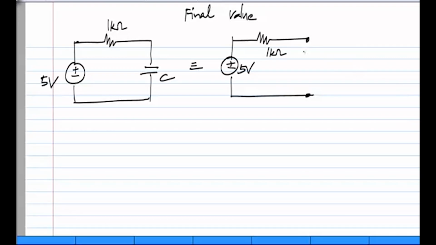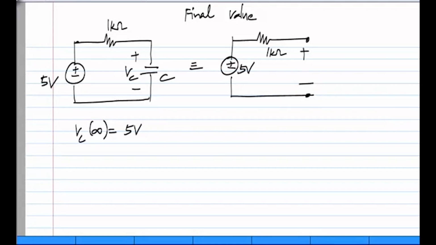And now it's very easy to see what is the final steady state voltage. It is equal to 5 volts because no current flows through this resistor either. So if we call this VC, VC of infinity is 5 volts.